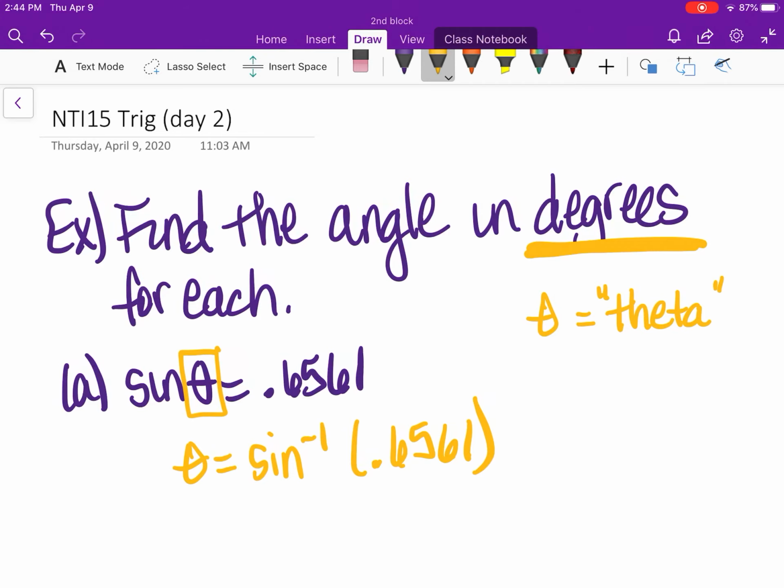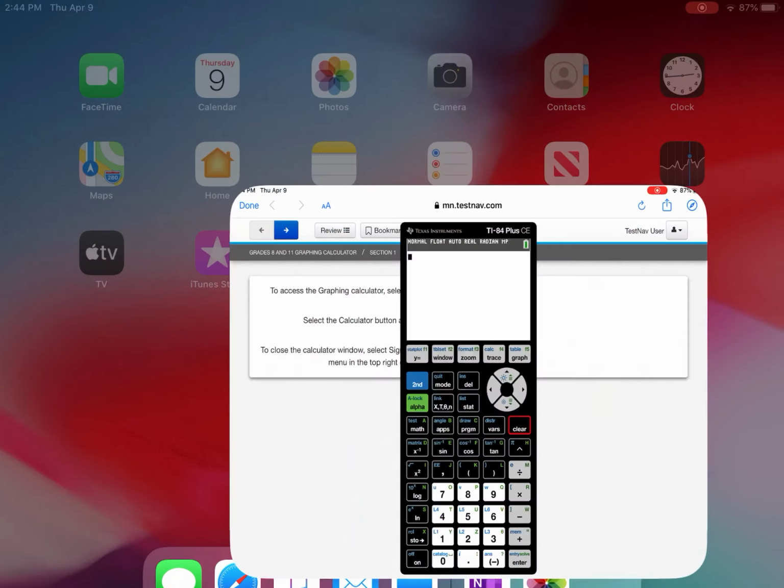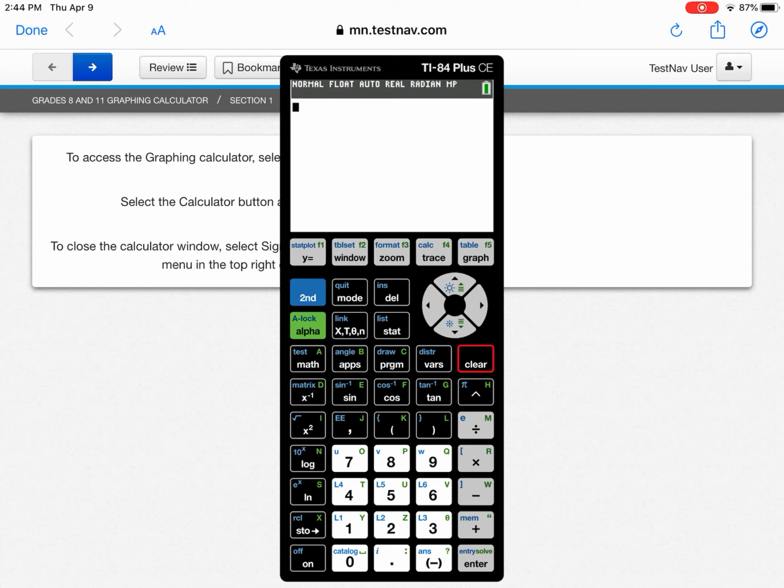So go ahead and pull out your calculator. The inverse sine function is there in blue on the sine key. If I hit second sine, that gives me sine to the -1. That -1 symbol is your inverse symbol, so that's how you know you have the inverse. Let's check out our mode.